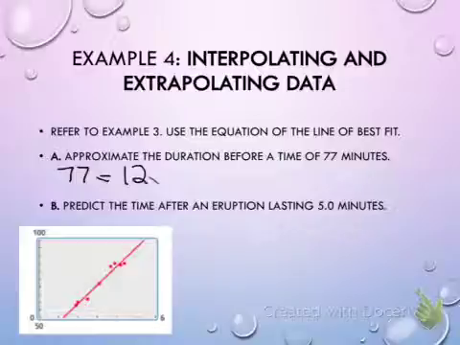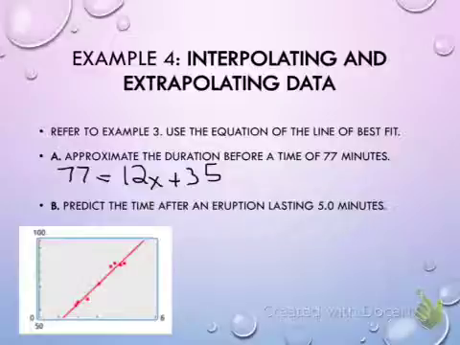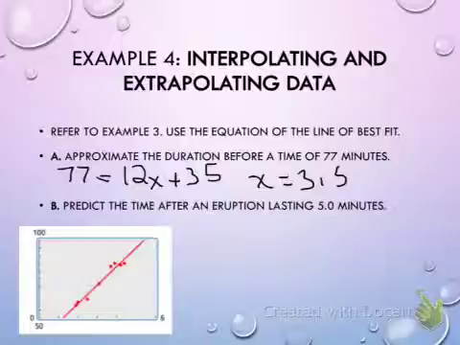So we have 12x plus 35. You subtract 35 from both sides, then divide by 12, and you're going to get that x is about 3.5. Now, step B, so really what that information is telling us is an eruption lasts about 3.5 minutes before a time of 77 minutes.